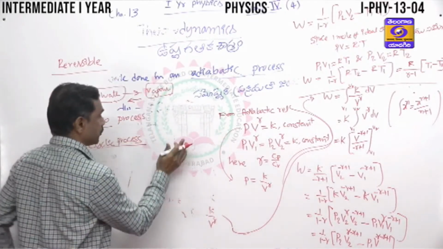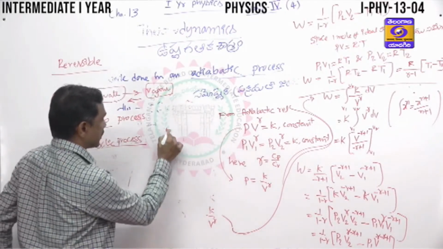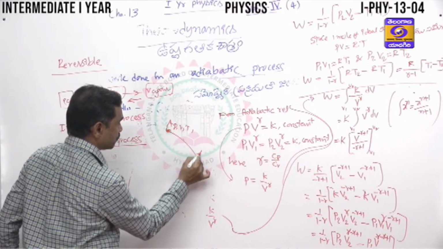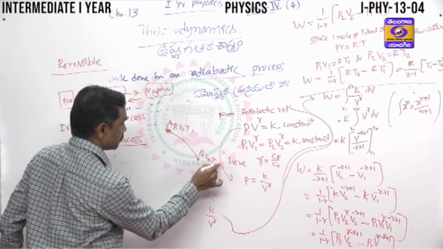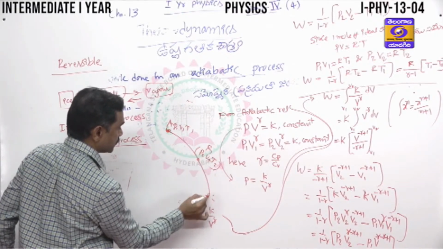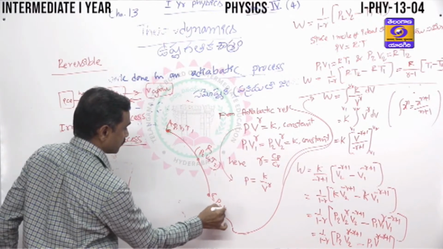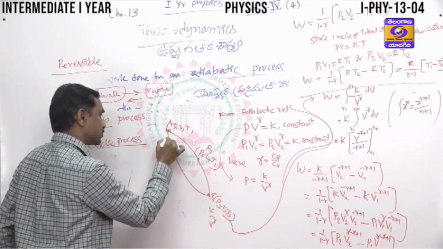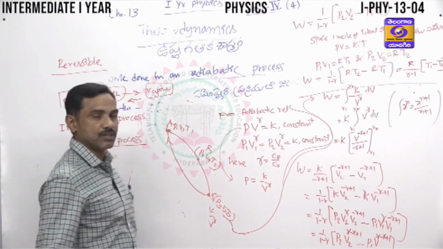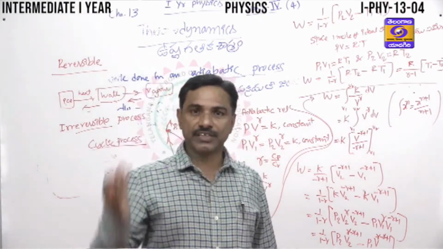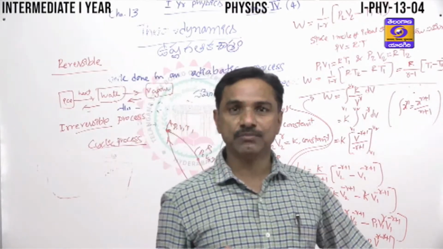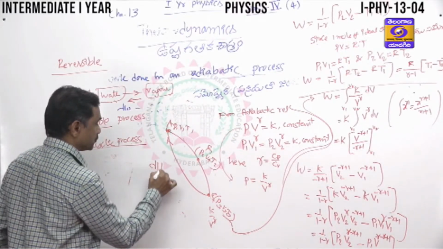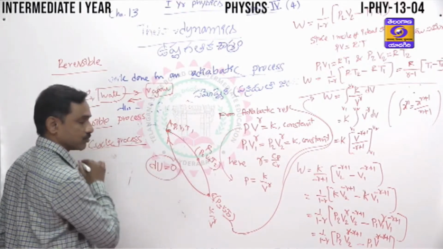For example, starting from A with P1, V1, T1, it changes to P2, V2, T2 at point B, then to C with P3, V3, T3, and then comes back to the starting point. The system, after undergoing various stages, returns to the initial stage, right? So when it is a cyclic process, dU will be equal to 0.